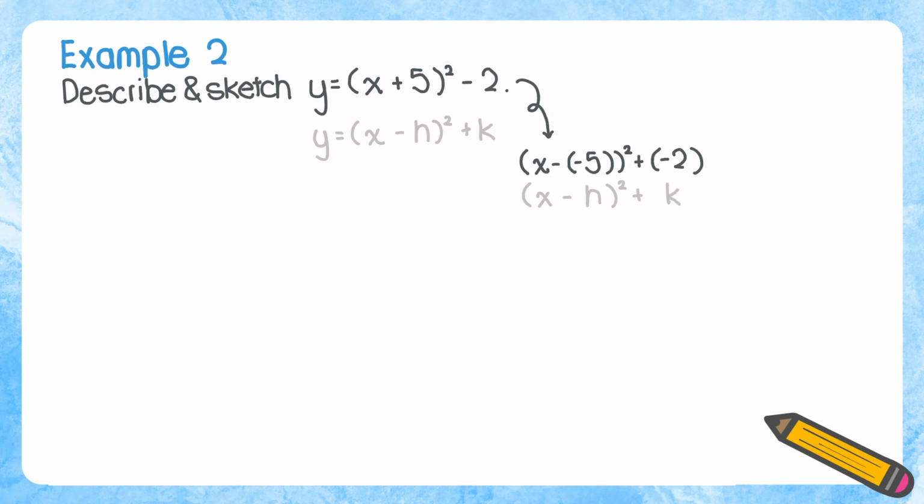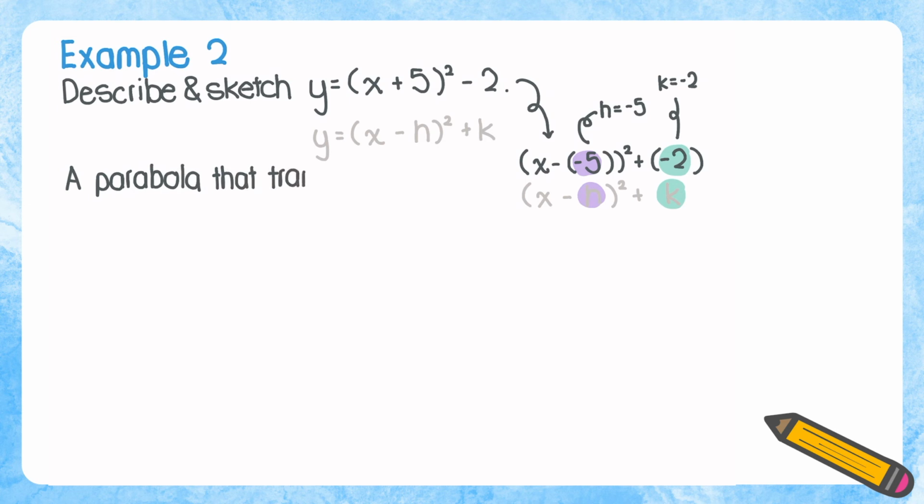Now we have an exact match to the (x minus h) squared plus k form. And so I notice that k is replaced by negative 2. So k equals negative 2. And then h is replaced by negative 5, so h equals negative 5. So we have a parabola that translates, and so think, which way is the parabola shifting?